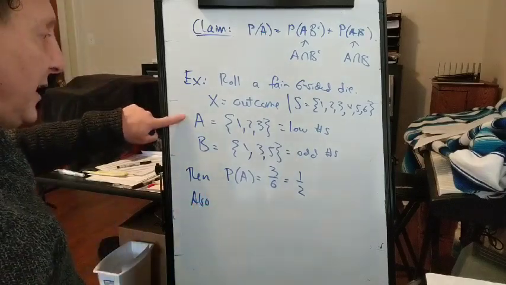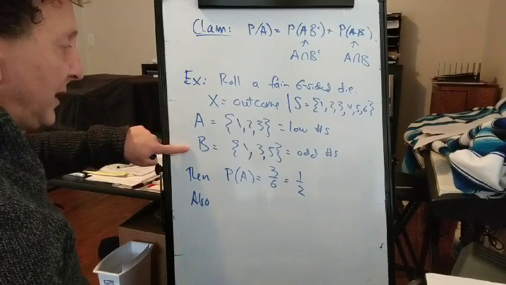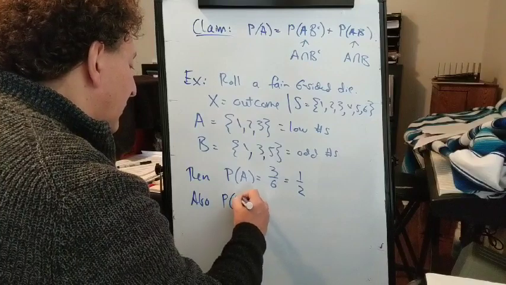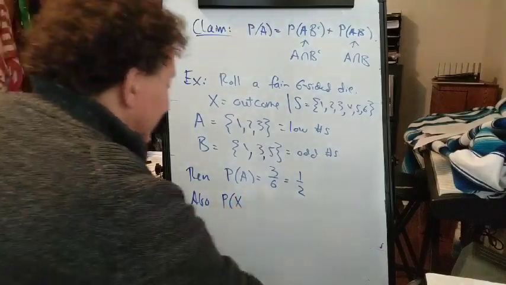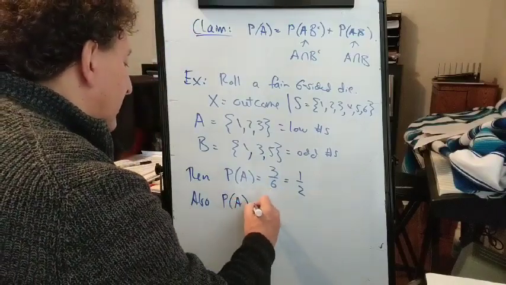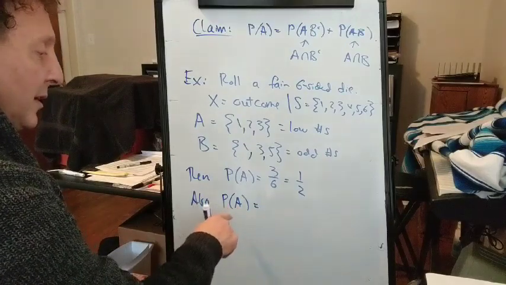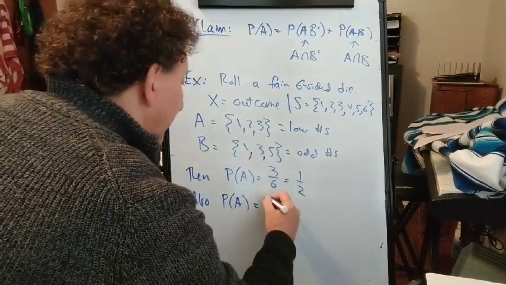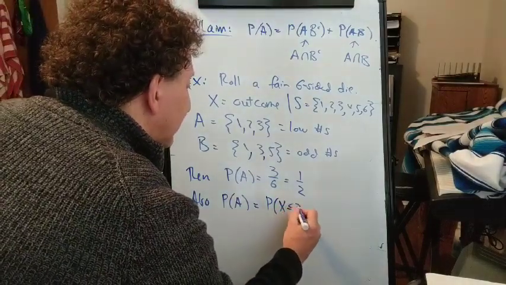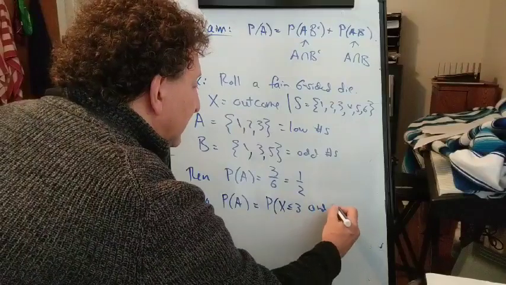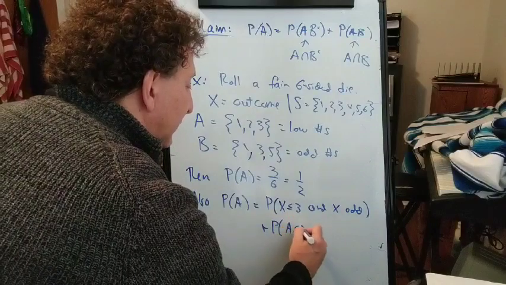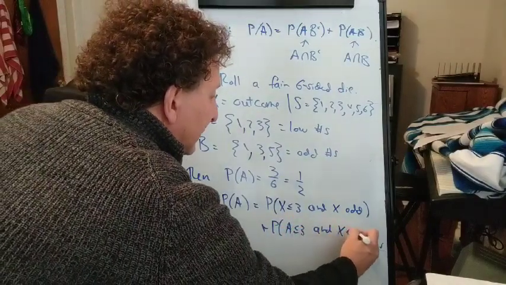Also, we can divide up A into the elements that also belong to B and the elements that don't belong to B. So if we want to break up A, we can say the probability of getting a low number is the probability that X is less than or equal to 3 and X is odd, plus the probability that X is less than or equal to 3 and X is even.